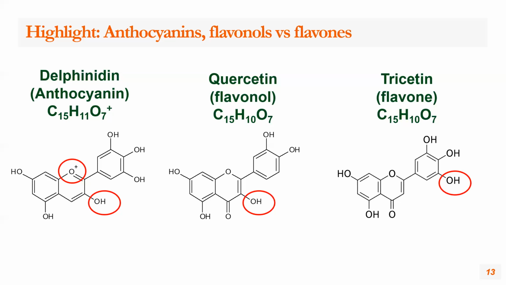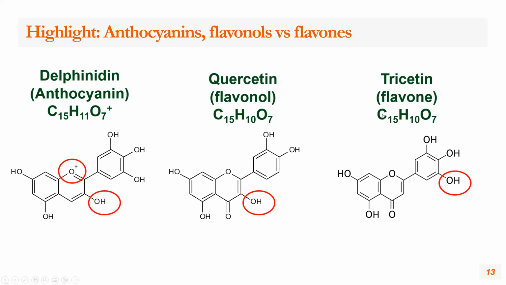I just gave a brief introduction to the tool itself and how it can be used, with different approaches. Now I want to give an example that I've noticed in my work. These are three different subclasses of flavonoids: anthocyanins, flavonols, and flavones.